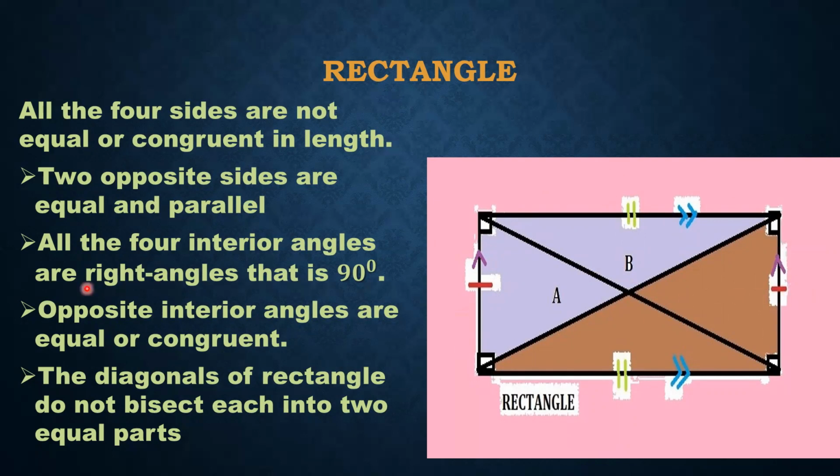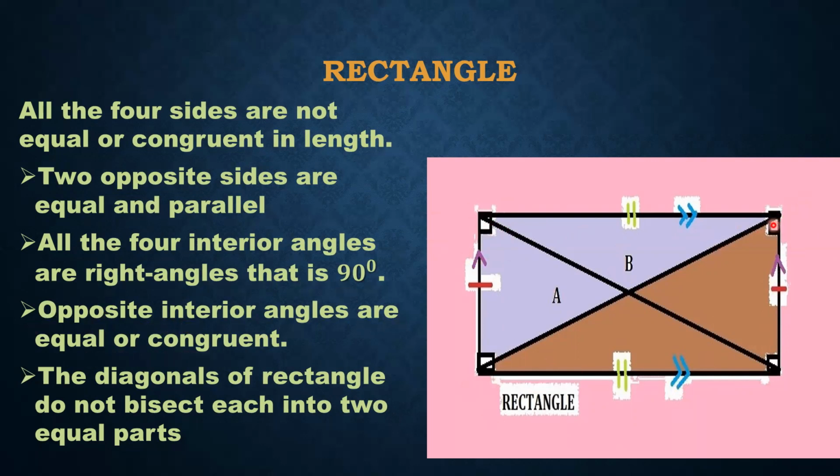Okay, good. Then all the four interior angles are right angles because they are formed by two perpendicular lines, the vertical and the horizontal line. So the angle here is 90 degrees. The angle here is a right angle or 90 degrees. So the interior angles are all 90 degrees. The opposite interior angles are equal or congruent.